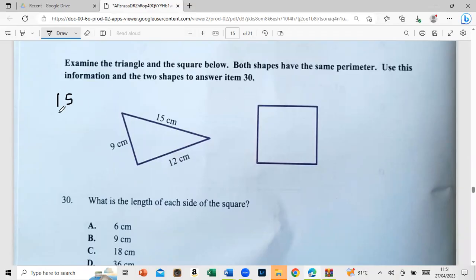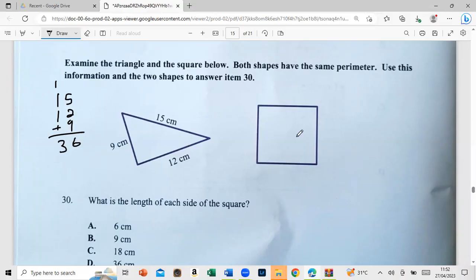That'll be 15 plus 12 plus 9. 9 and 5 is 14, 9 and 11 is 16, carry 1, so that's 36.